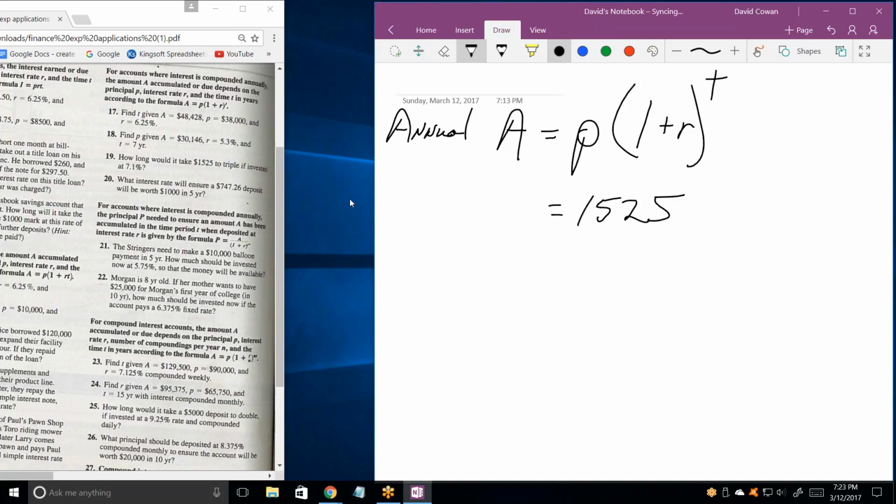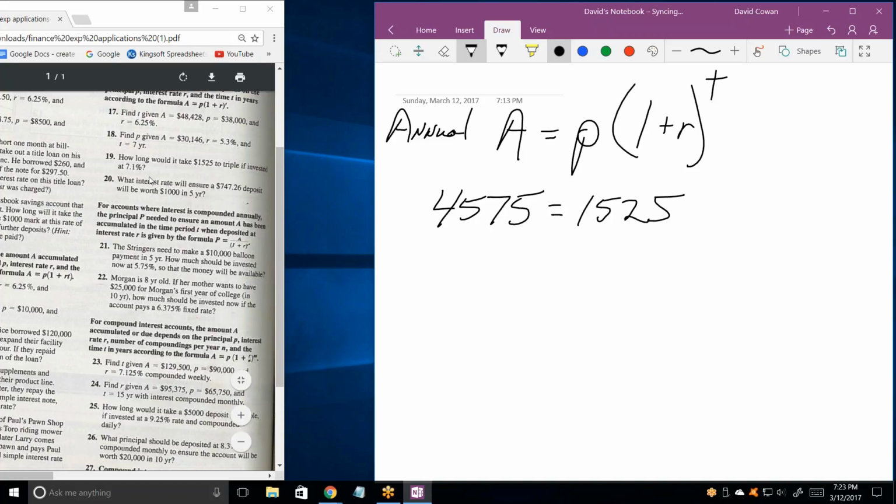Times 3, 4575. Okay, so that basically says, how long is it going to take 1525 to become 4575 given a rate of 7.1%? Well, I'm going to turn that into this.